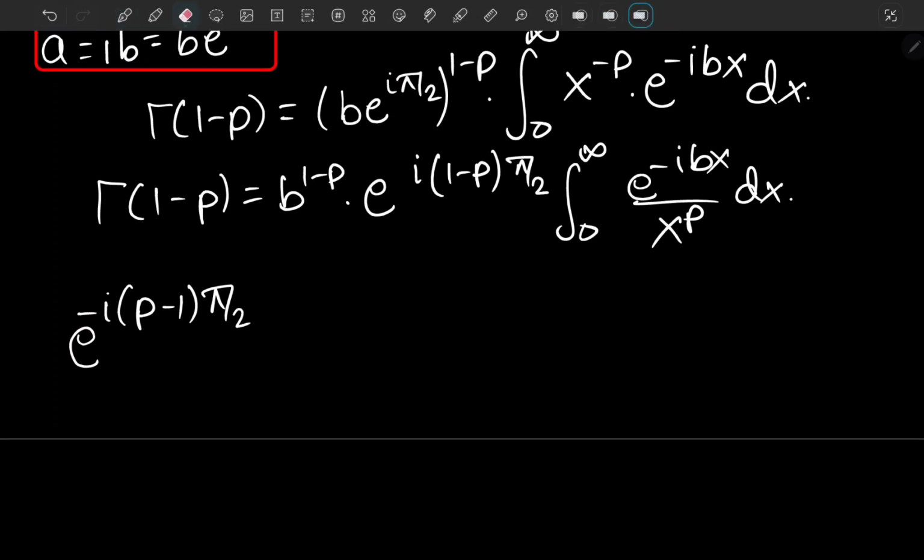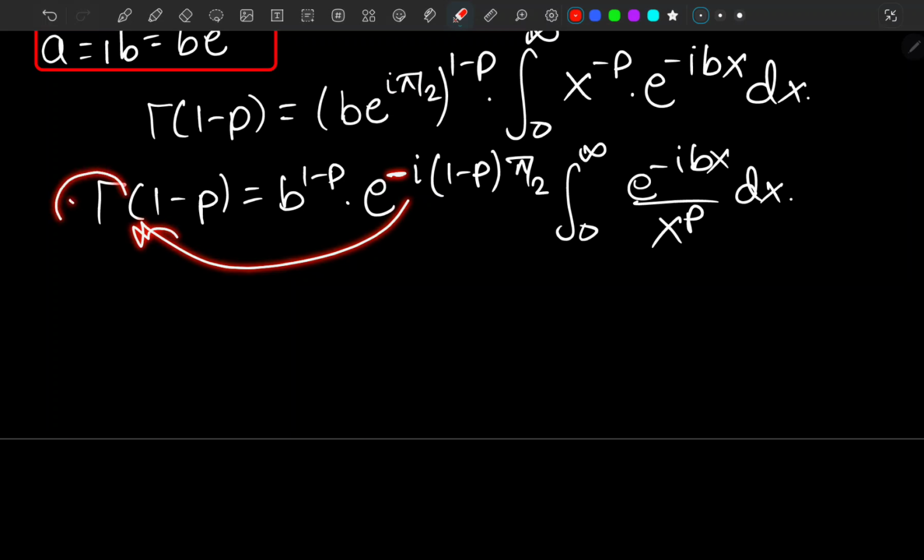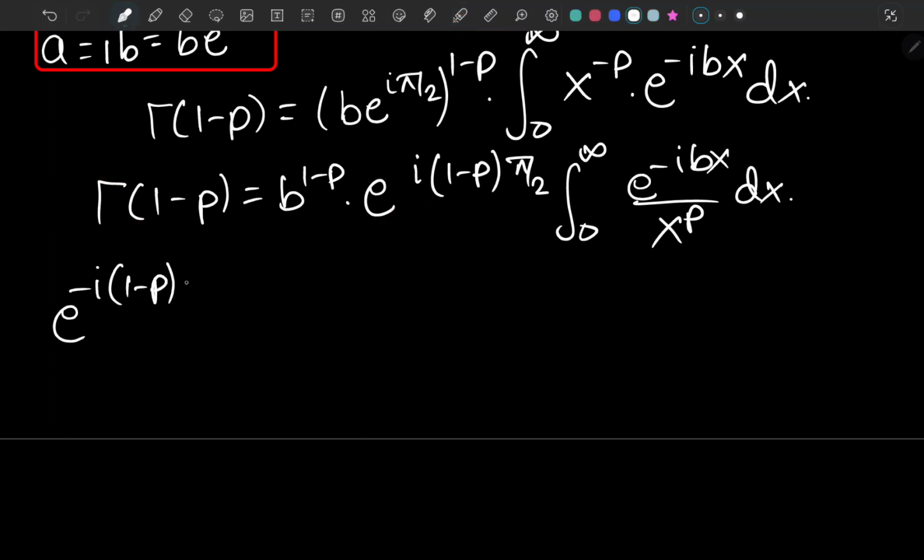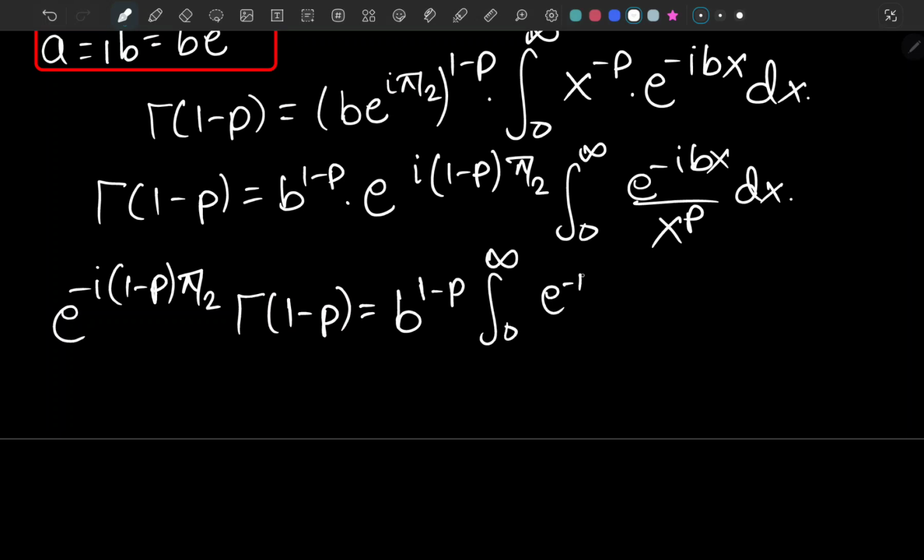I'm sorry about that. I have to fix this again. I have to plug in a negative, and I can write that down over here. So it's e to the negative i 1 minus p pi over 2 gamma of 1 minus p equals b to the 1 minus p times the integral from 0 to infinity of e to the minus ibx over x to the p dx.